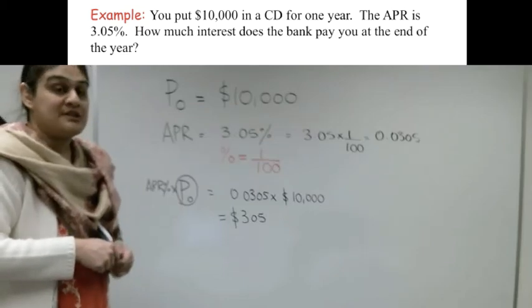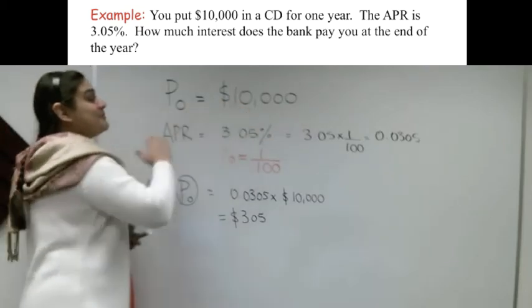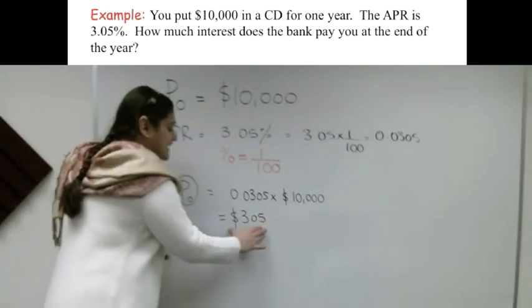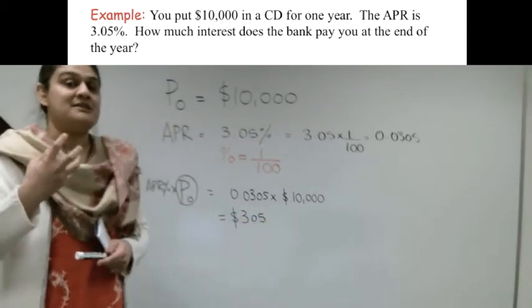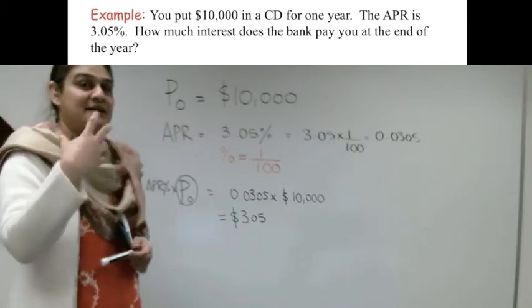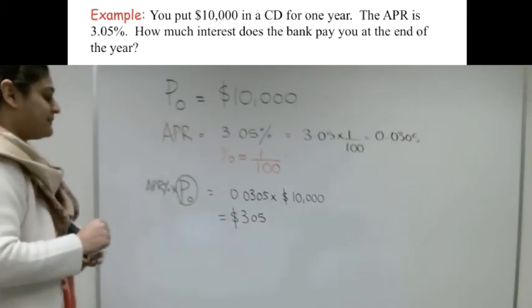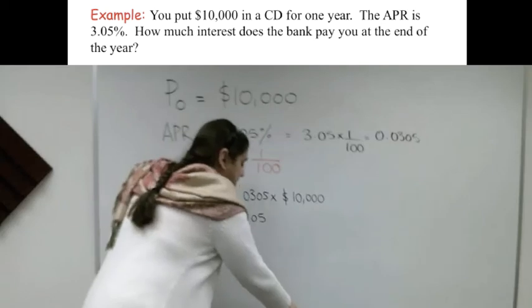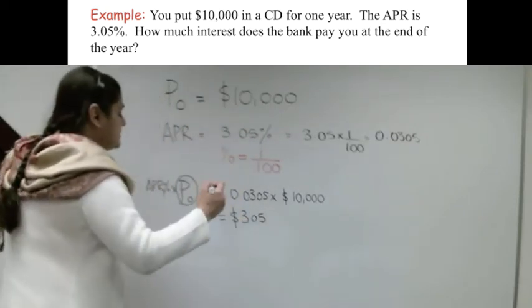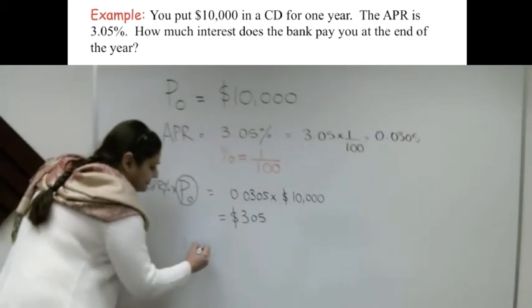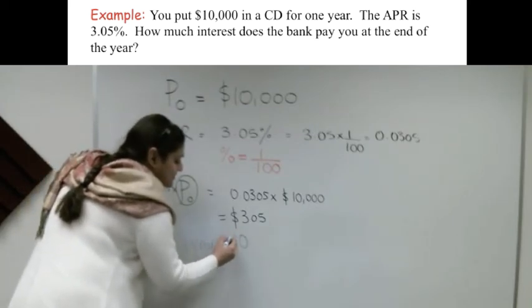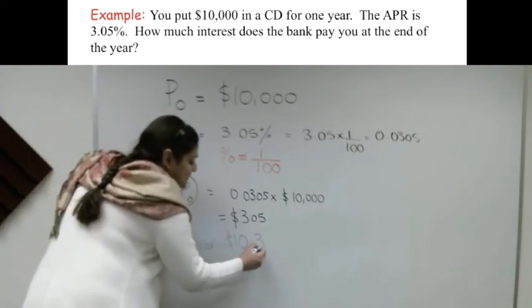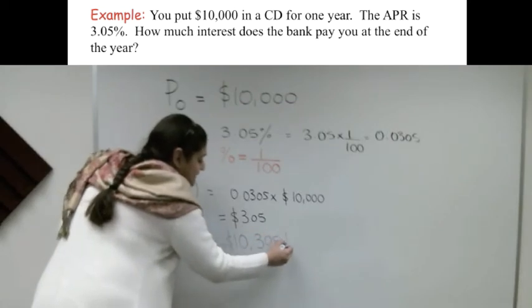So that means if I leave my principal sum as it is, and the bank gives me $305 more, what is my net income or my net profit at that point? Correct. At the end of 1 year, I should see my money grow to $10,305.